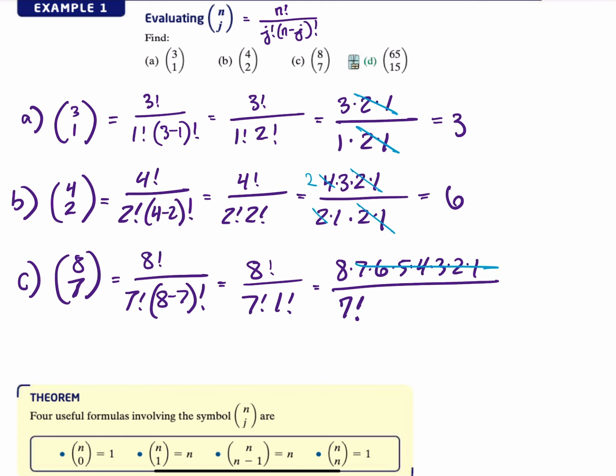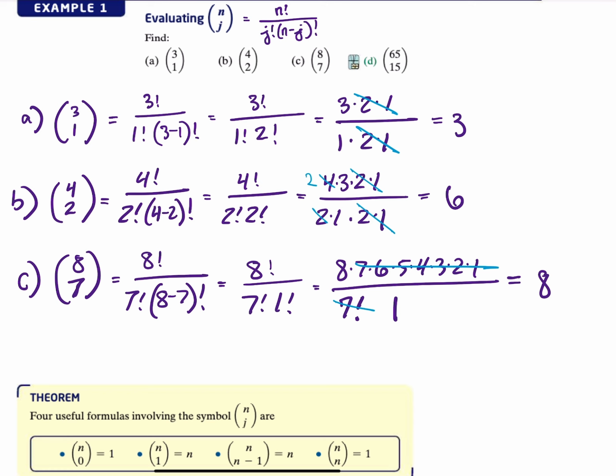So all of this would cancel with 7 factorial, and we're left with just 8 over 1, which is equal to 8. So a lot of the terms end up canceling whenever we do this. If you expand out the factorials, you can see what will cancel.